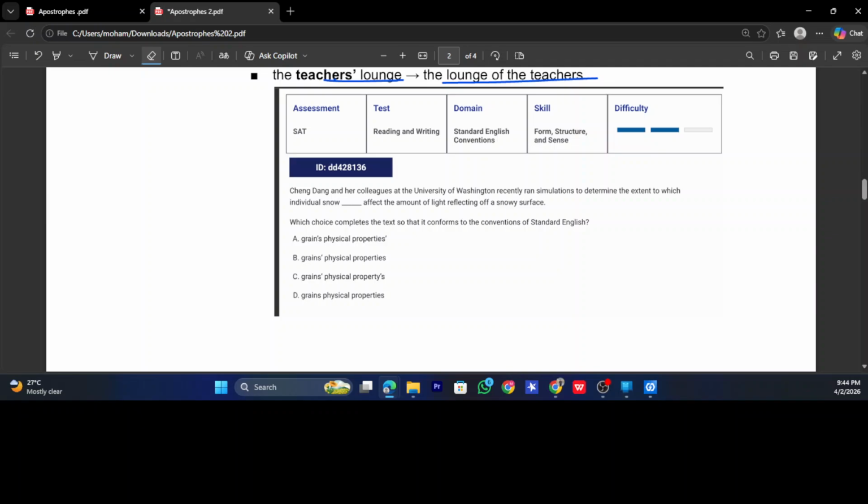So, first of all, look at the answer choices. Here the convention being tested is the use of plural and possessive nouns. First of all, choice A is incorrect, because the context requires the plural possessive noun snow globes' and the plural noun properties.